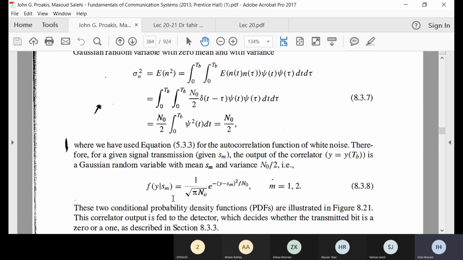it was shown that the output of this detector will be a Gaussian random variable having mean Sm and N0 by 2 variance.